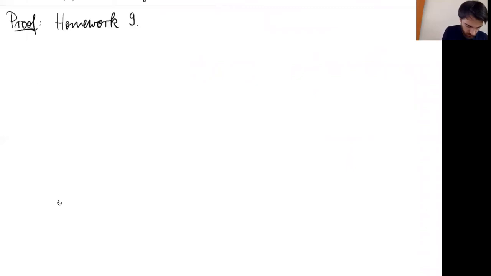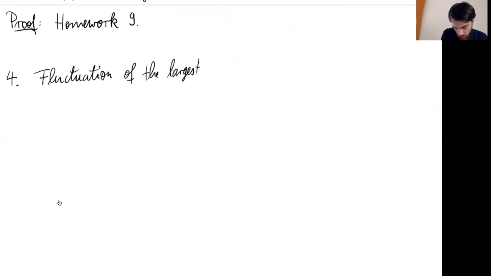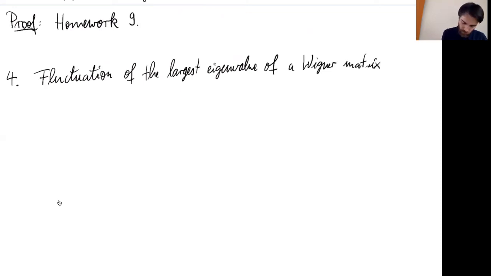I think this is section 4, and that will give us the fluctuation of the largest eigenvalue of a Wigner matrix.